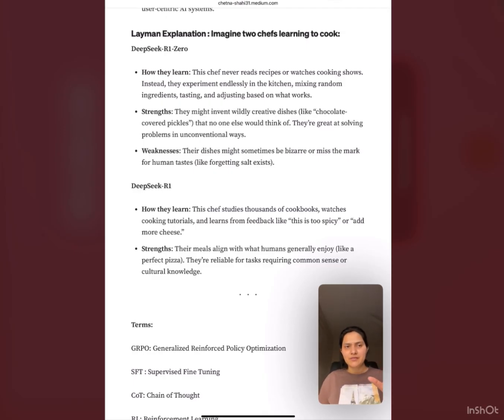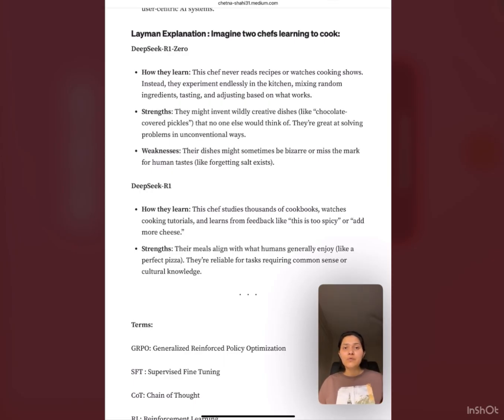Now imagine there are 2 chefs who are learning to cook. The first chef is the DeepSeek-R1-Zero guy, who decides, I don't want to read the recipes, I don't want to go through the videos, I don't want to watch or know anything beforehand. Let me just go into the kitchen and experiment by trying different ingredients and different processes, and in the process I'll taste and see what works out.